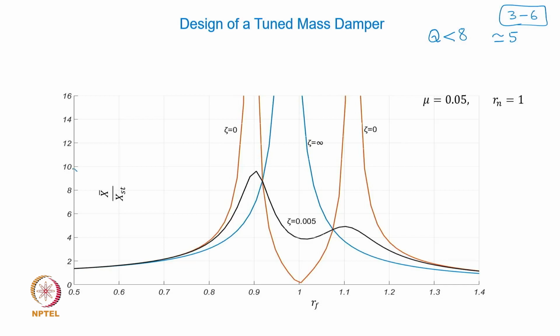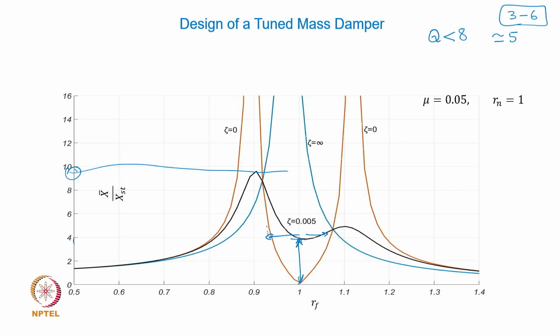Now look at what is happening here. What is your quality factor here? It's close to 8 or 10, right? And what is happening at your most likely operating speed, it is close to 4. That means your design is okay. What will happen if you go away from this?